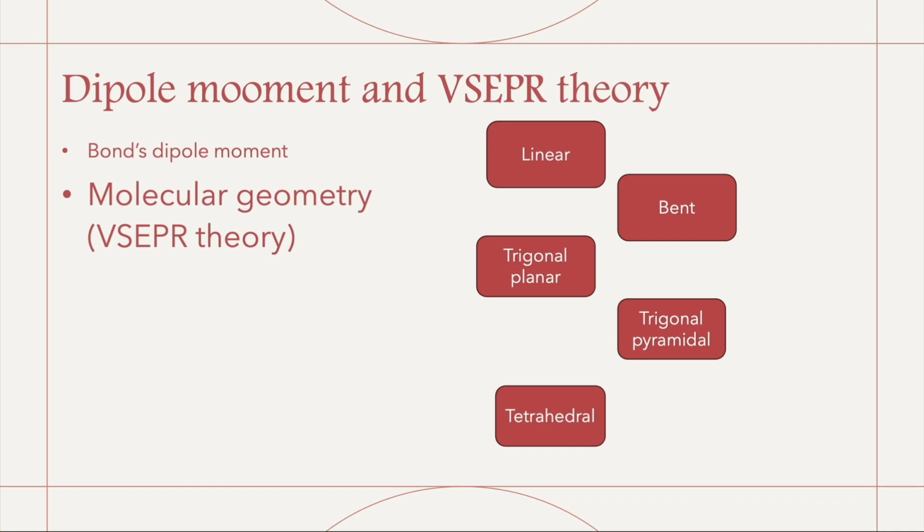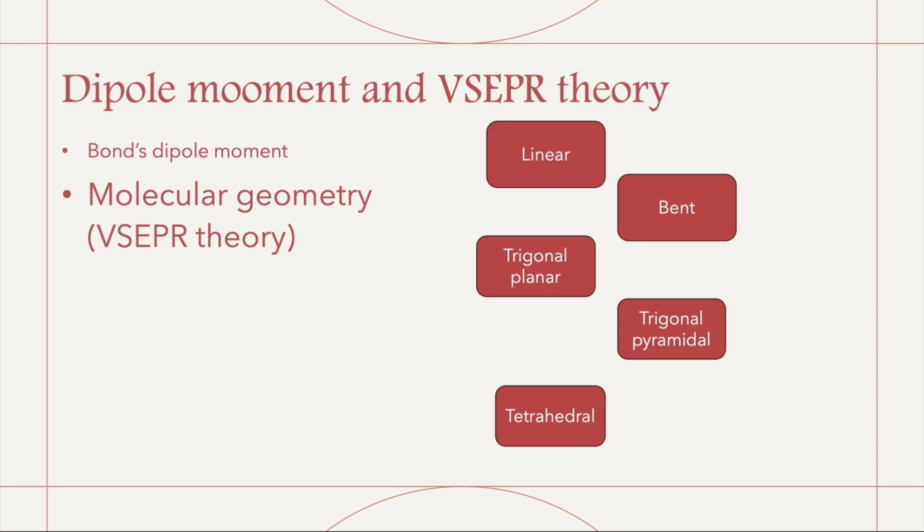If the shape of the molecule is bent, which is 104.5 degrees, such as water, both bond and molecule are polar because dipoles do not cancel each other. If we have a trigonal planar shape, or 120 degrees, such as BF3, the bond polarity is still polar, but the molecule is nonpolar.